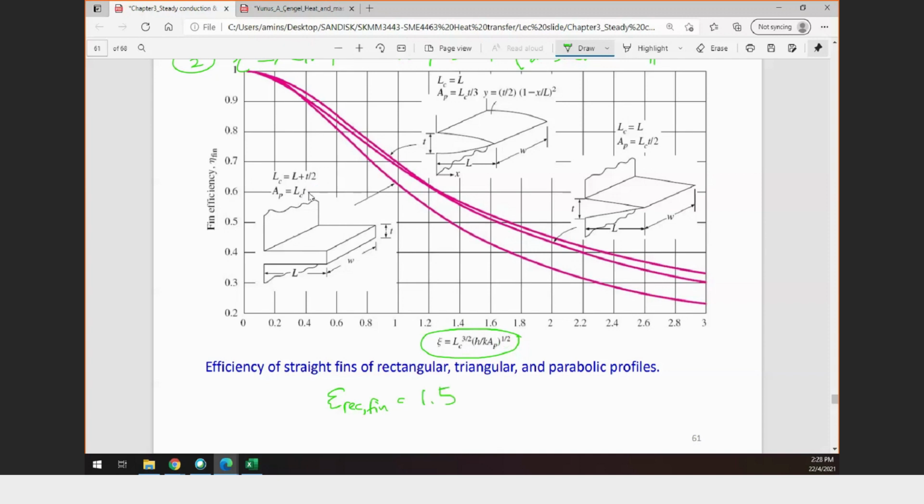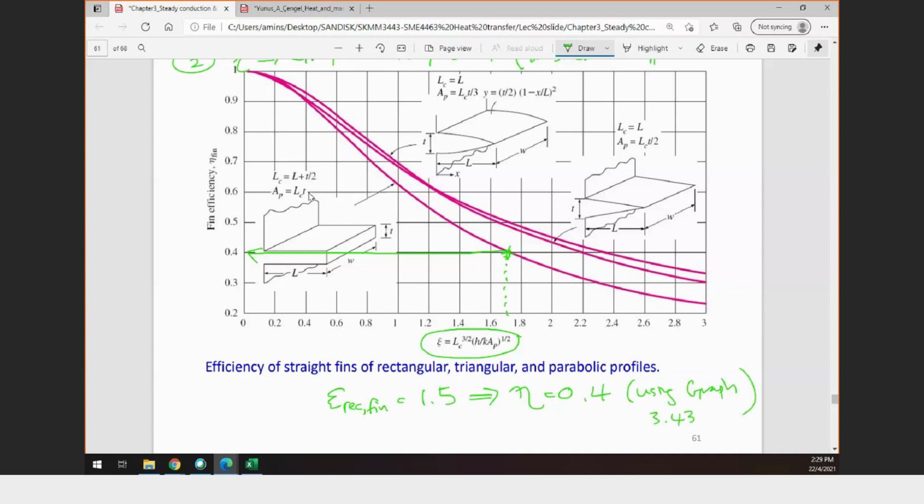Then you find the 1.5 value on the graph, and extrapolate to the cross section curve, so you get the value of efficiency at 0.4, using graph 3.43.